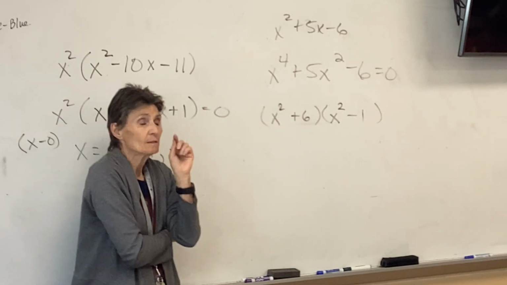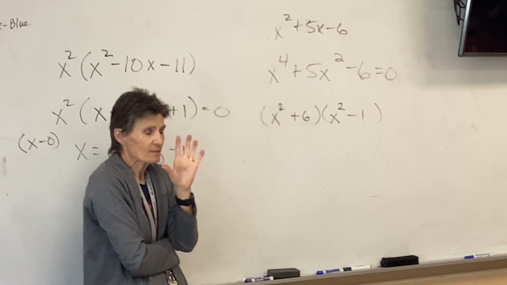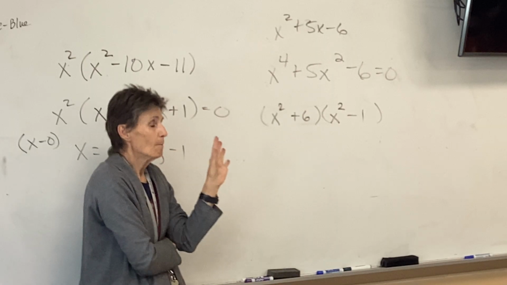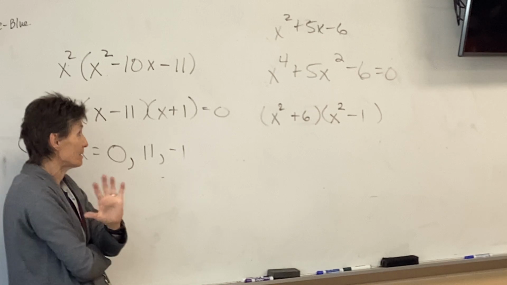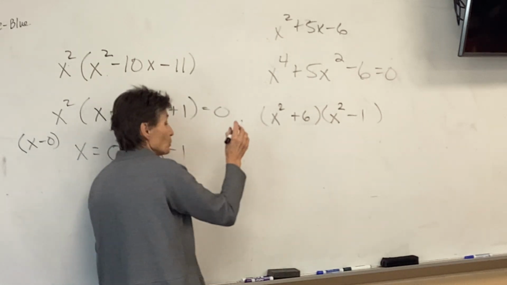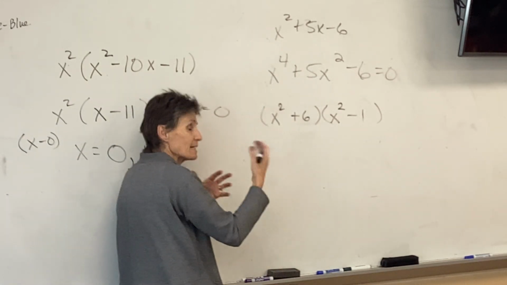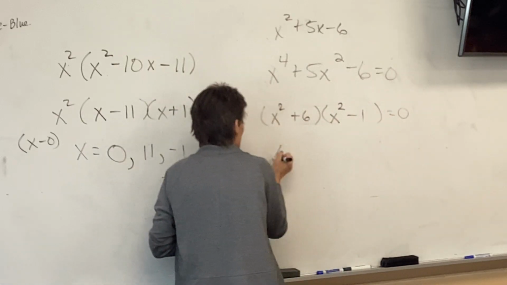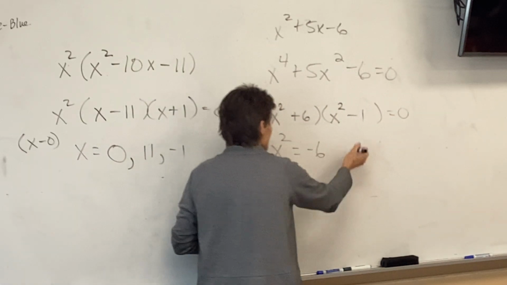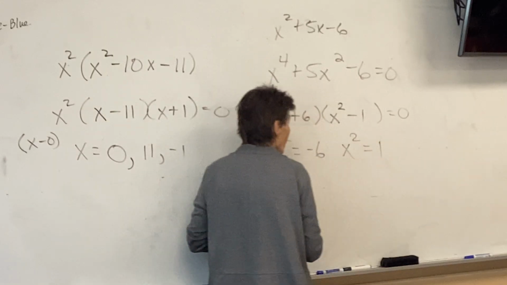Now again, this is the best way to do the problem. But if you don't see that, we haven't practiced it much, so I get it. If you don't see it, you will do your guessing and checking, your guessing and dividing. Solving this, it says x squared equals negative 6, or x squared equals 1.